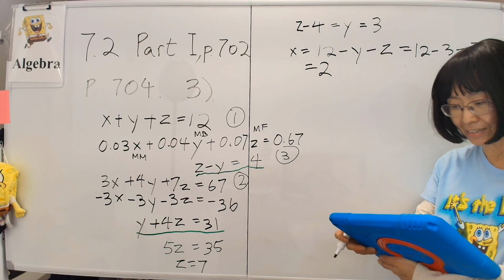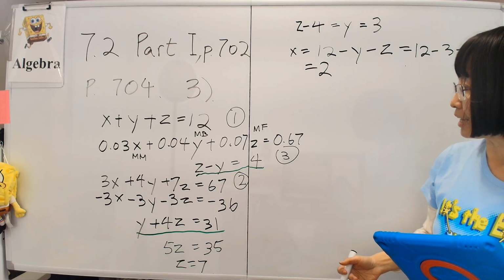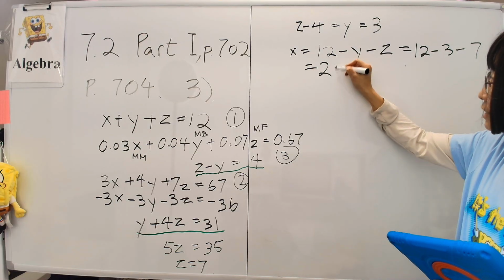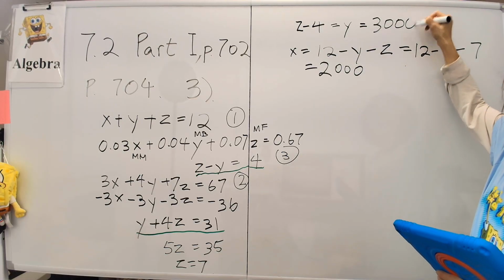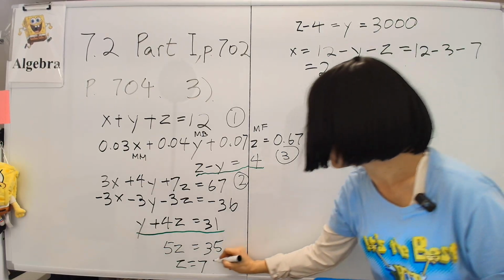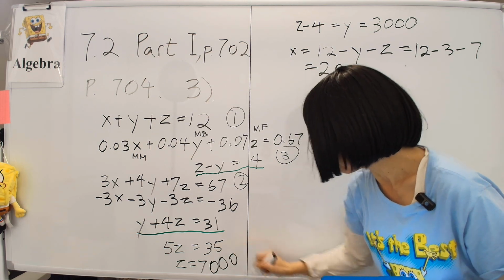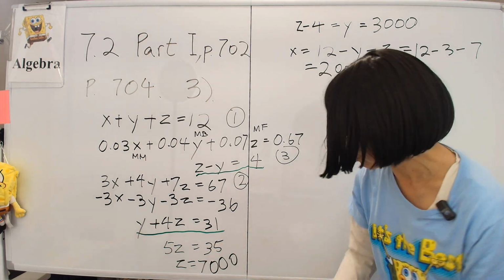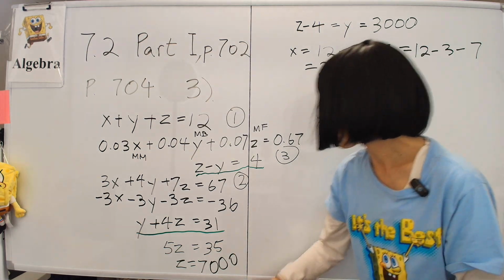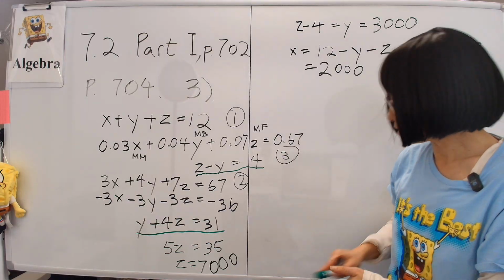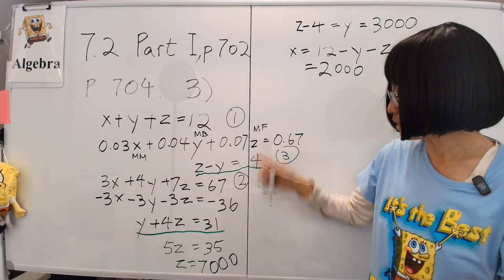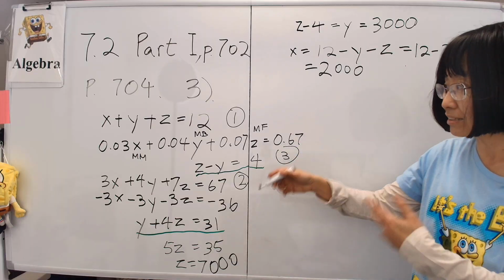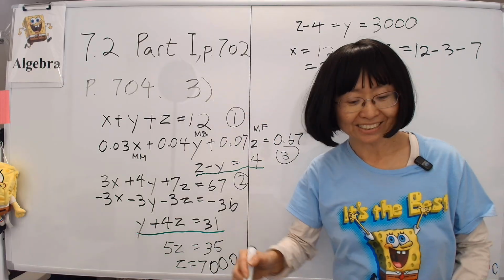So finally our answer is x is 2,000, don't forget the zeros, y is 3,000, and z is 7,000. Let's add all the zeros. And of course, if you are doing this for school, you have to specify what they are, for example the MF is 7,000 and the MB is whatever it is, that sort of thing.